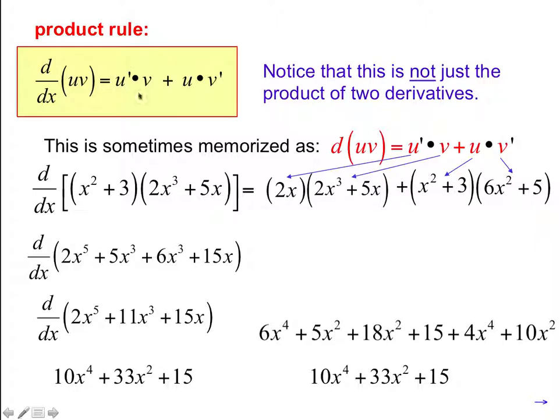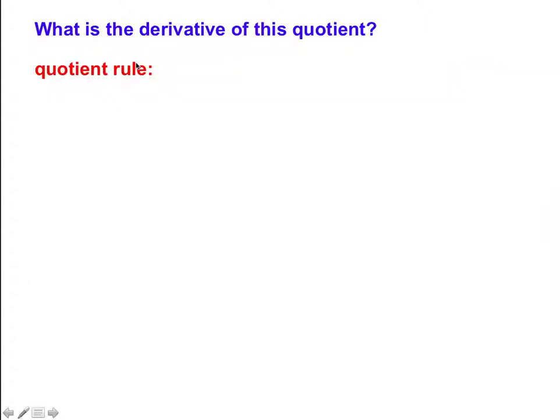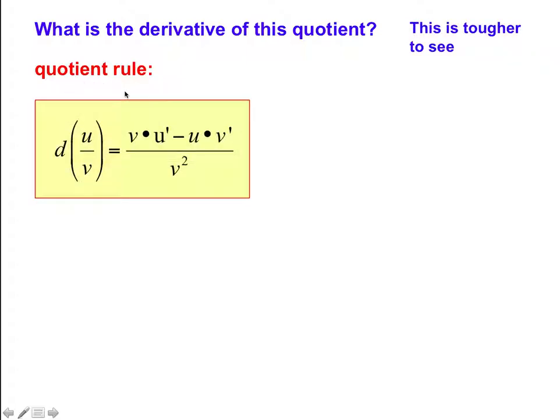And there are going to be expressions where this is definitely a huge advantage. We also have a quotient rule. This is harder to see. The quotient rule is when we have two expressions that are a rational expression, so they have a division sign in there. And the quotient rule says, let's take v times u prime.